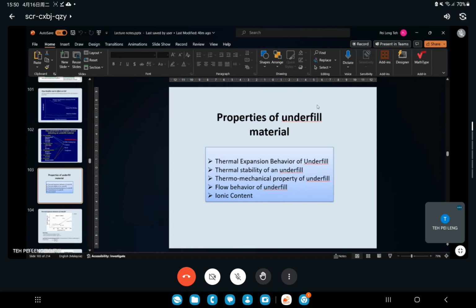So for underfill, you know underfill is thermoset. Based on this application, because our subject is for electronic application, what properties are important to be studied?